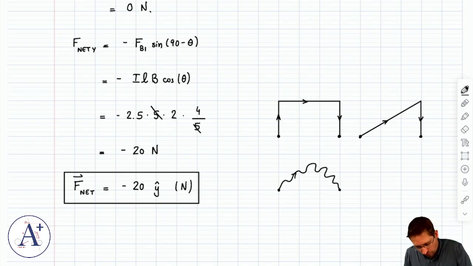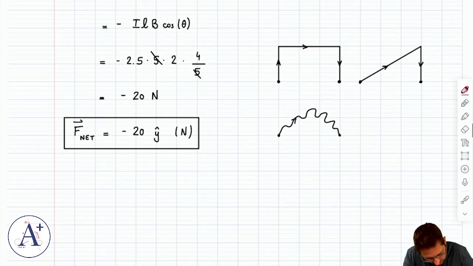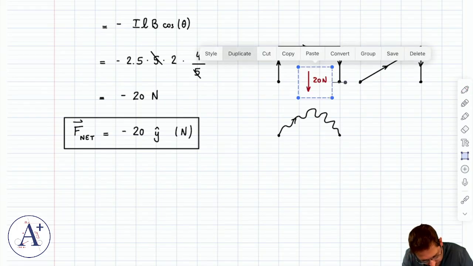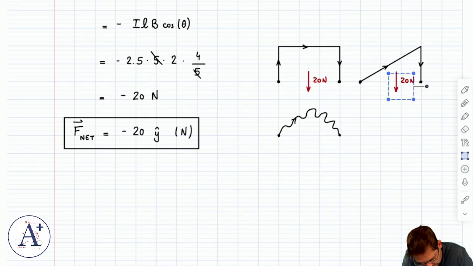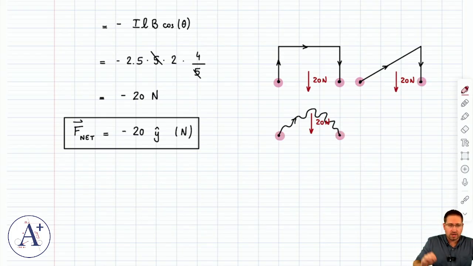So what we'll say is that because in all cases we get 20 Newton net downward, irrespective of the shape, it's only a function of these starting points and end points being the same. Right, so the same separation, they're aligned.